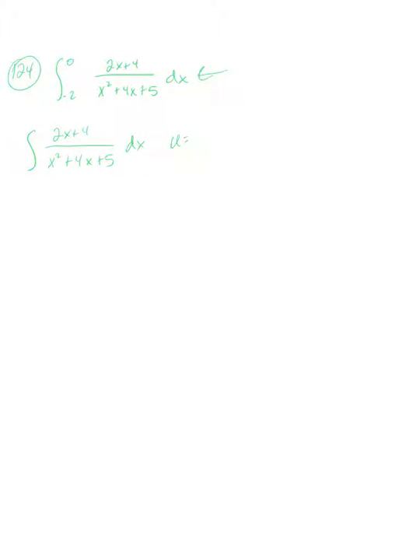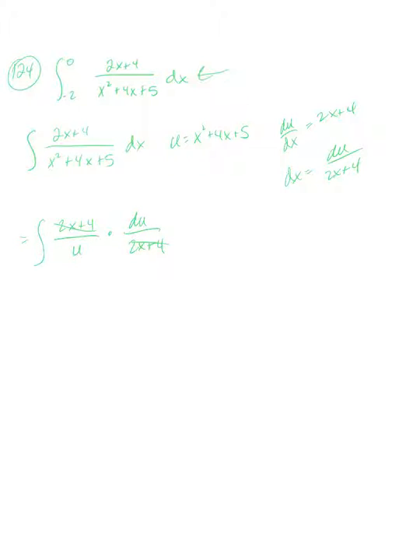So let's see, I'm going to let u be the denominator, x squared plus 4x plus 5, so that du dx is 2x plus 4, which means that dx is du over 2x plus 4. And then I plug into my integral, and I get the integral of 2x plus 4 over u times dx, which is du over 2x plus 4.